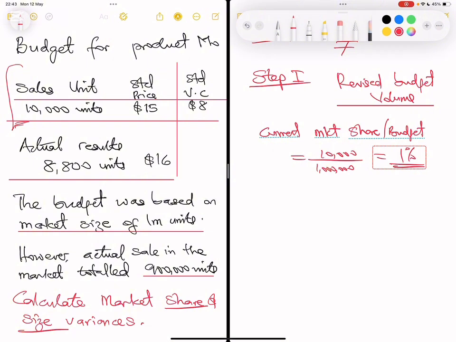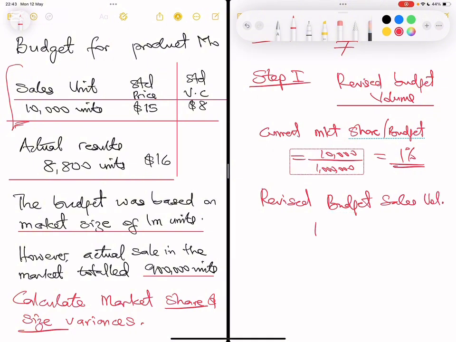That is what we expect, which means that we need to revise our budget volume based on that. So our revised budget sales volume, based on the reality of the new market, should be 1% of 900,000, because the market is now 900,000. So our budget should actually be 9,000 units of sales.